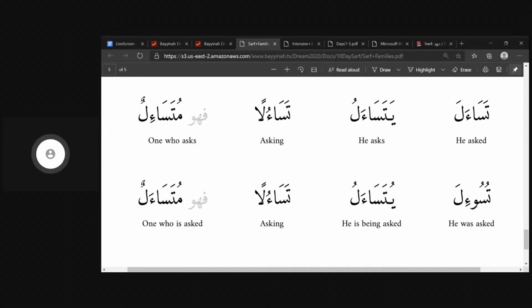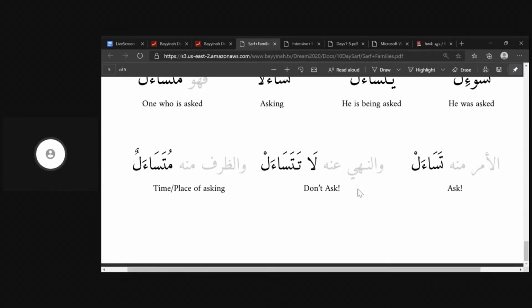Going through the sarf: Tasa'ala yatasa'alu, again ya, not you, tasa'ulan fahuwa mutasa'ilun. Tusu'ila yutasa'alu, tasa'ulan fahuwa mutasa'alun. الأمر منه تساءل والنهي عنه لا تتساءل والظرف منه متساءل.